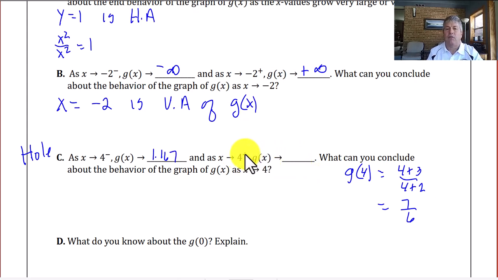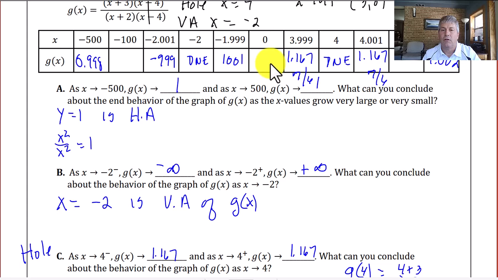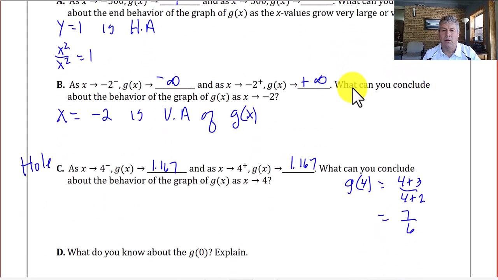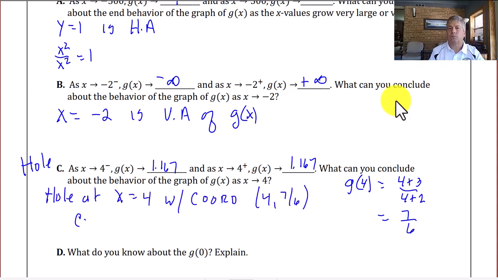And as we approach 4 from the right, we also get 1.167 on our calculator, which is also 7/6. So I got that in my chart up here. And we can conclude about the behavior of the graph as x approaches 4. Well, that's the hole in our graph, and it's approaching 7/6. So we can say there's a hole at x equals 4 with a coordinate of (4, 7/6).